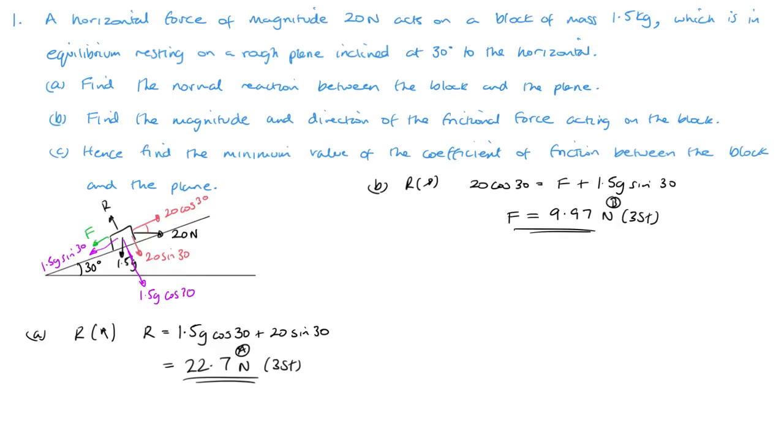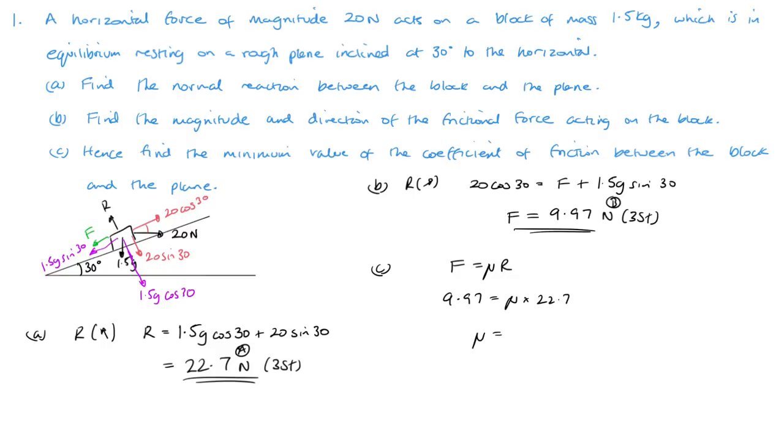Okay, and now we move on to part C. Hence, find the minimum value of the coefficient of friction between the block and the plane. So F equals mu R, and that's for the minimum frictional force. So this will be 9.97 equals mu times 22.7.